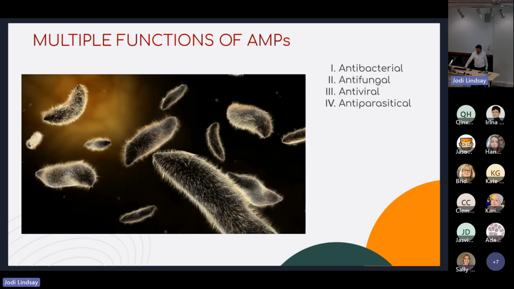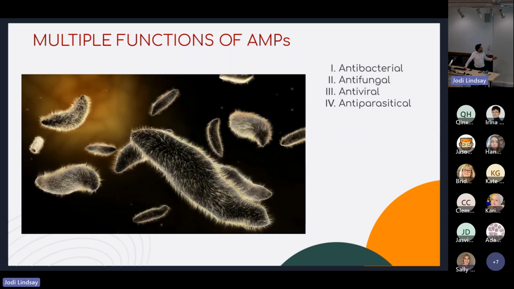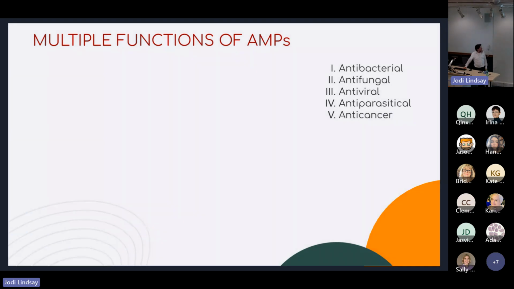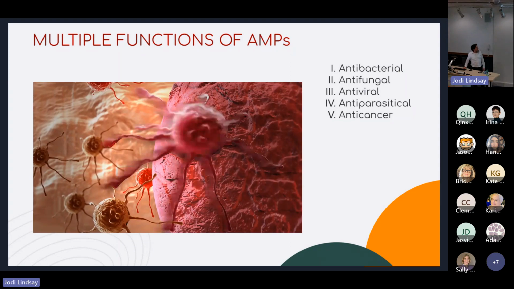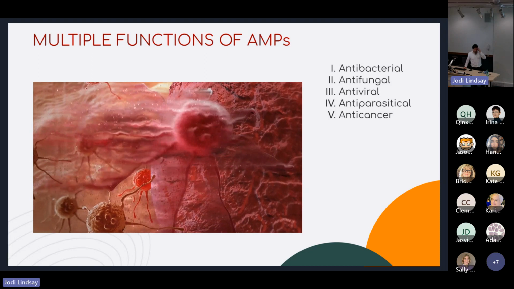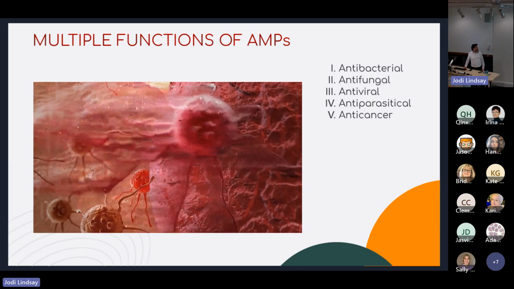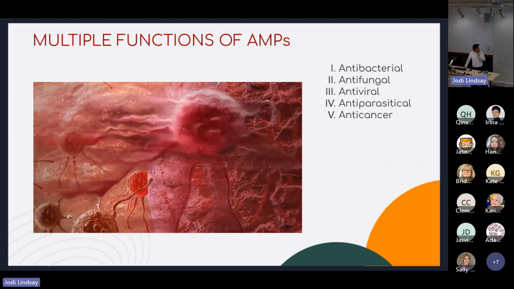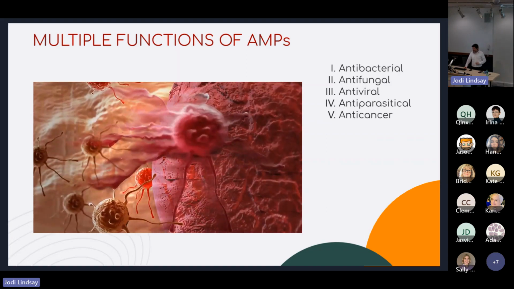There's quite a lot of work done on malaria because they can actually also kill parasites. And more recently, it was shown that they can actually kill cancer cells. So with Ferrin, we have a project where we look at peptides that kill prostate cancer cells. And we just need to do one single experiment until we can publish that.